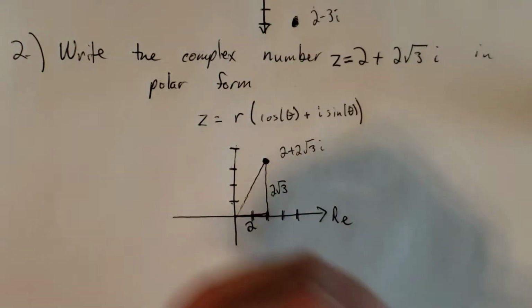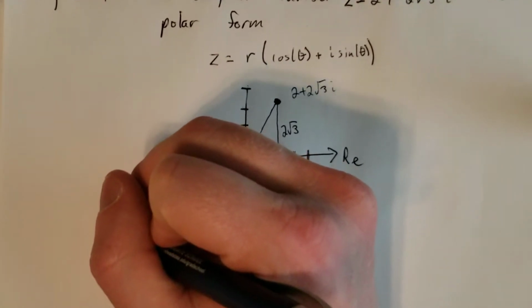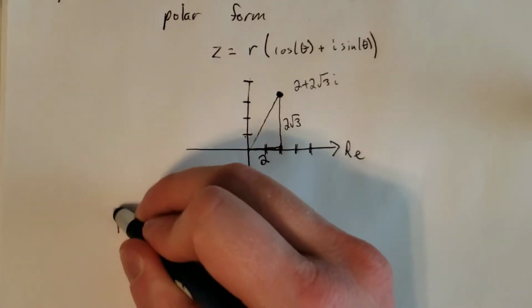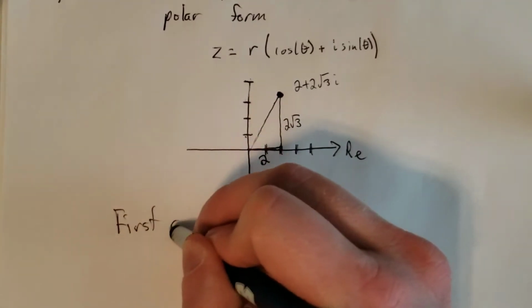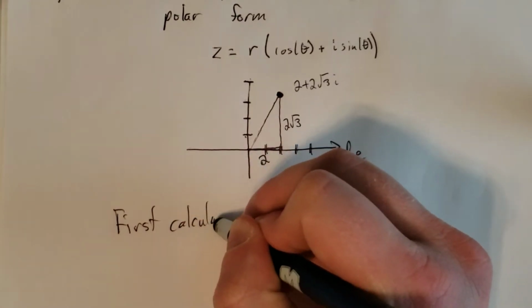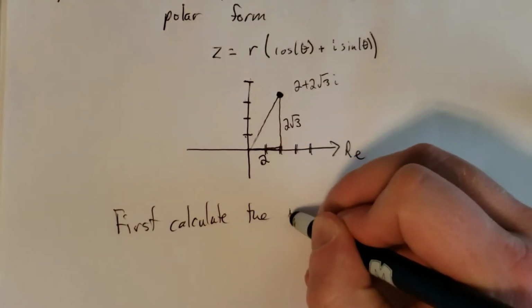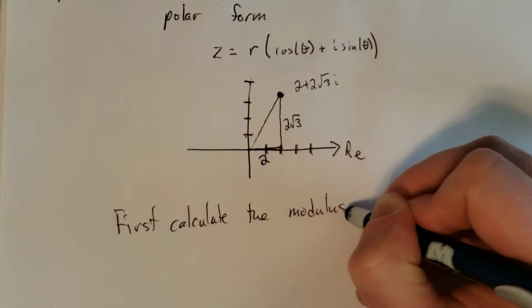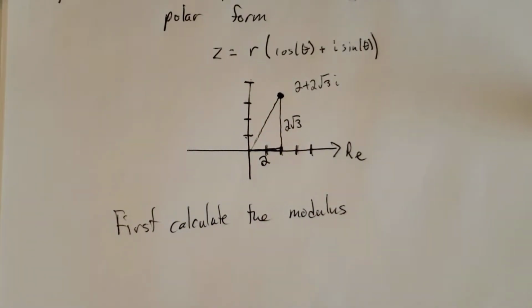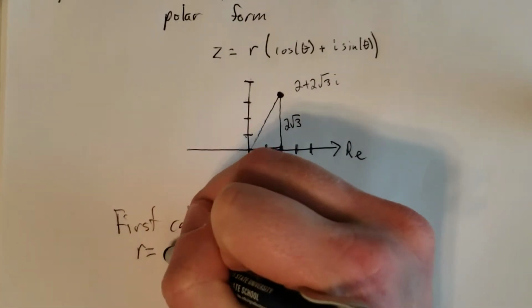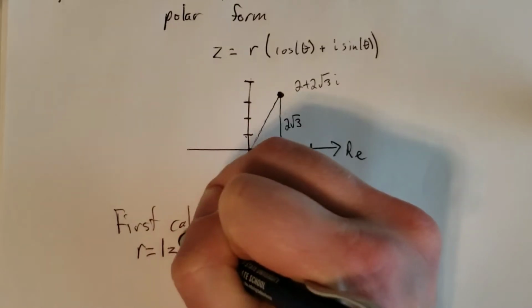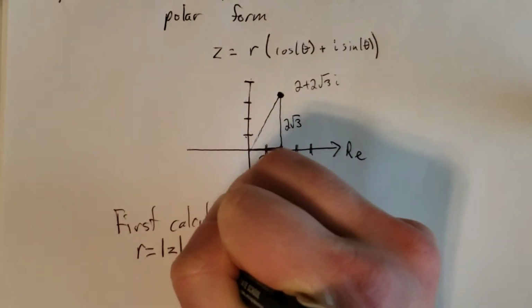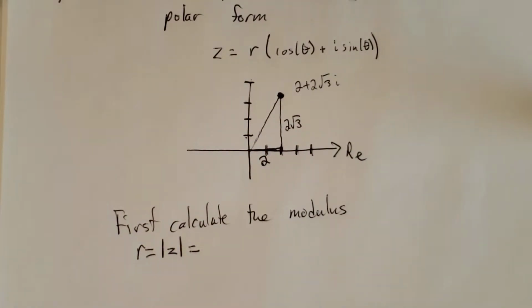So to do that, the first thing we do is we first calculate the modulus. Now, what in the world is the modulus? The modulus is the radius r, which is the same as the magnitude of the complex number z.